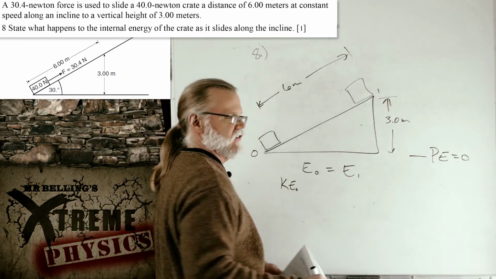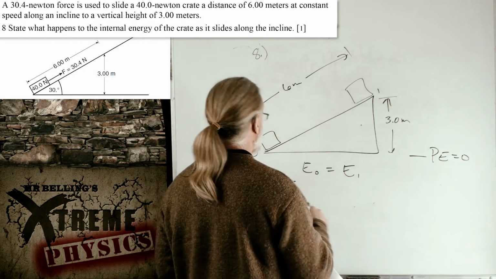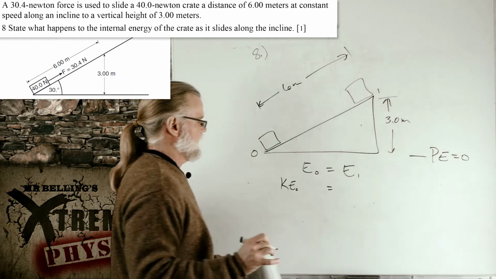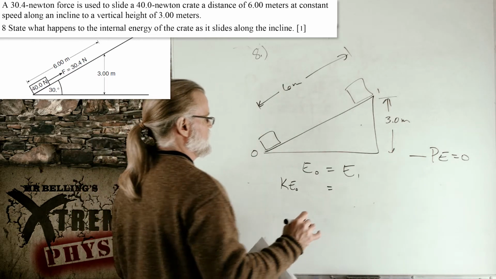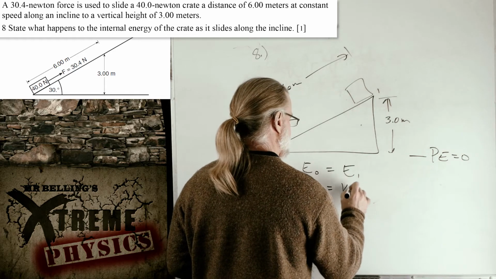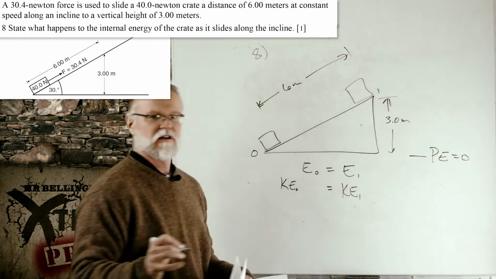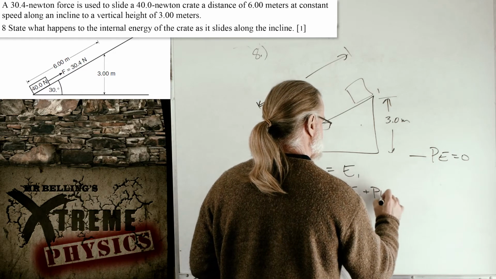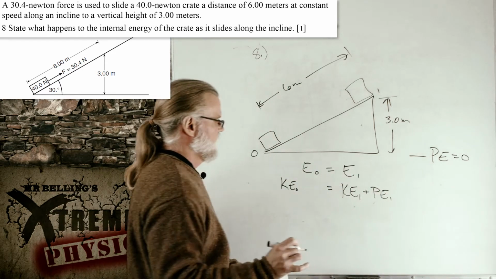So it doesn't have gravitational potential energy. It doesn't have spring potential energy because there's no spring involved. So the kinetic energy at 0 equals the potential. It also has kinetic energy at 1, because they said it was moving. And it has gravitational potential energy at 1.